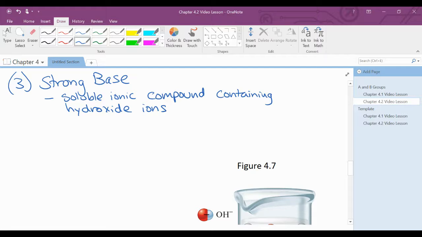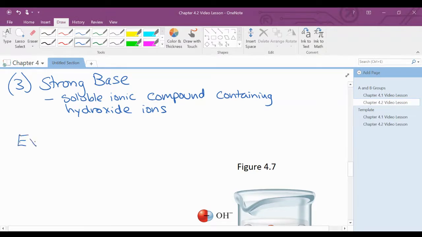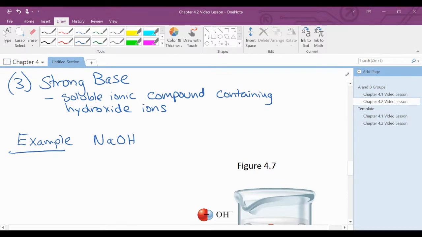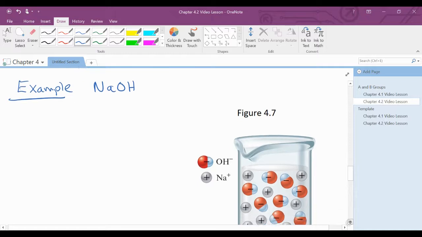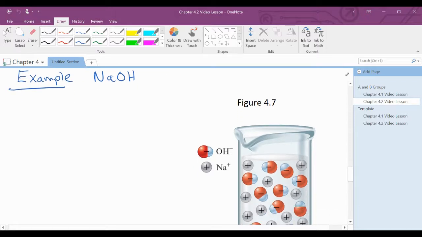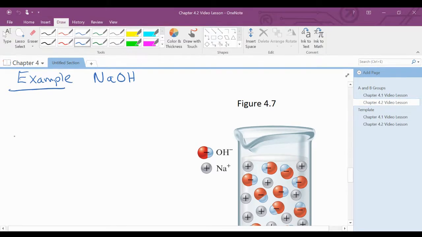So the example I'm going to use is a group 1 metal hydroxide, sodium hydroxide. So sodium hydroxide, and you'll see this in figure 4.7, when it goes in water, it completely ionizes, forming sodium cations and hydroxide anions.